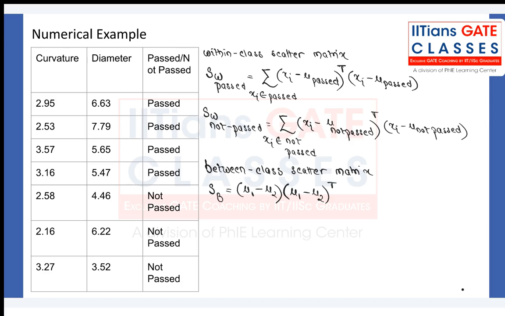So you calculate this thing, and then finally your discriminant function, which is the final model that you try to build, is given by W transpose X plus b, where your W you will get from the eigenvalues and eigenvectors of the matrix SW inverse SB.